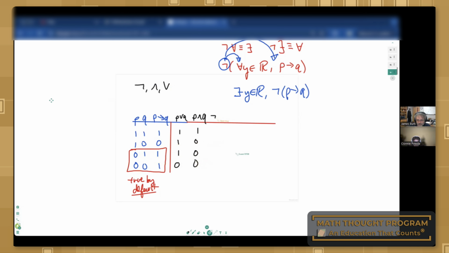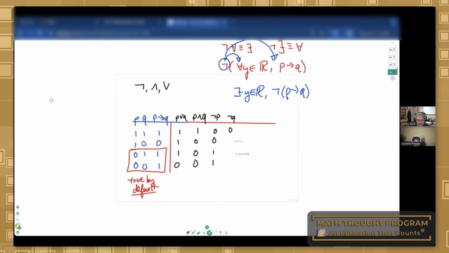And if I look at the negation of P or the negation of Q, here I would have false, oops, sorry, I would have false and then true. I'm going to reverse the truth values: false, since that's true to begin with, and then 1, and then 0, then 1.